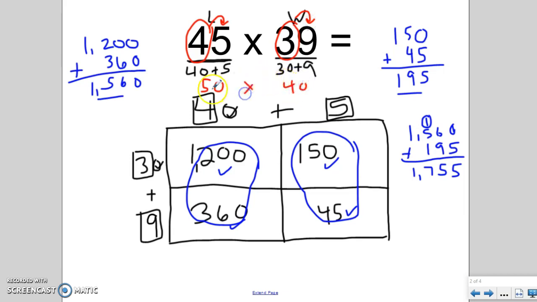And when I use box and dot, I have 5 times 4, which is 20. And we have 1 zero here and 1 zero here. So we know that our answer should be around 2,000. So if I look at my answer here, I can say, yeah, my answer is reasonable. It makes sense based on the estimate.